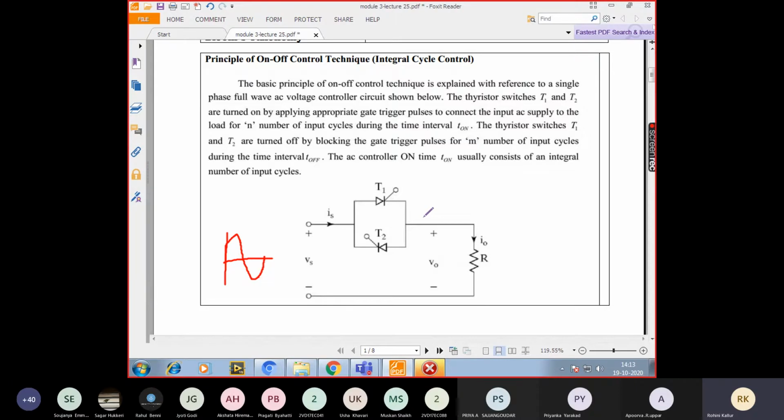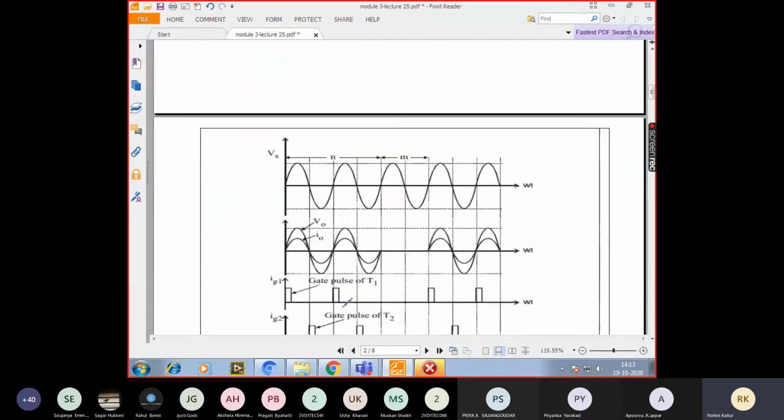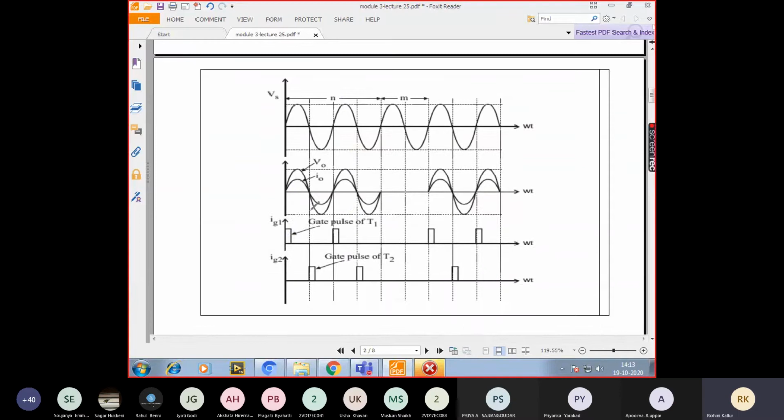So it does not depend upon whether it is a positive half cycle or a negative half cycle, because in the waveform you saw in the last class, as well as now, at every zero crossing, whether positive or negative half cycle, for n number of cycles I will keep the gate current available.